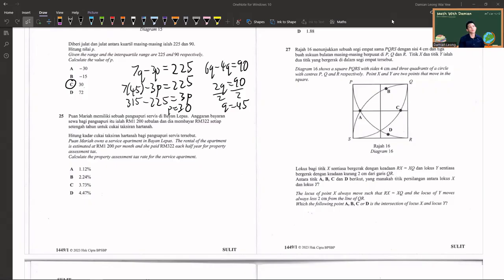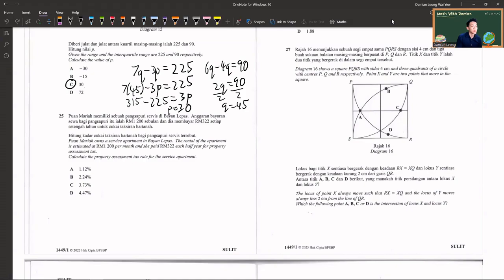So, hitung kadar cukai taksiran hartanah bagi pangsapuri servis tersebut. So, we have to find the property assessment tax rate for the service apartment. So, we have to find the total rental for a year. Okay, jumlah bayaran sewa bagi seluruh tahun.